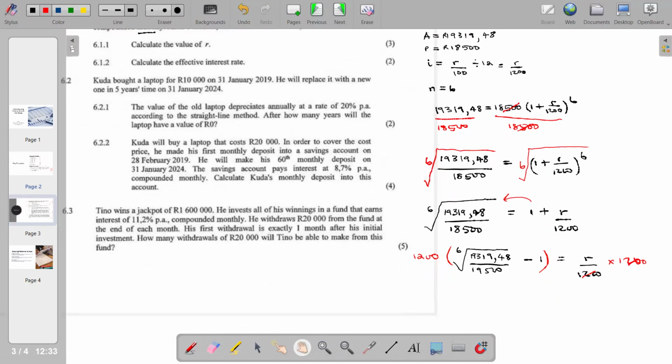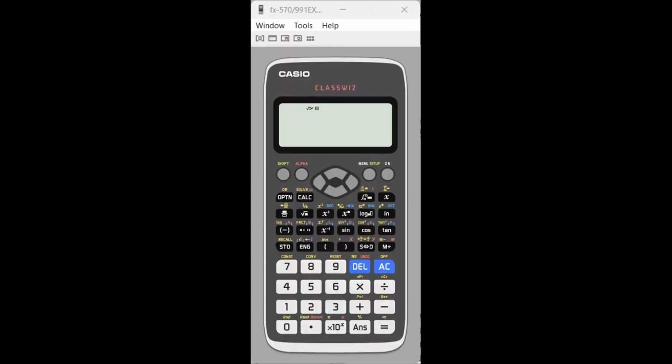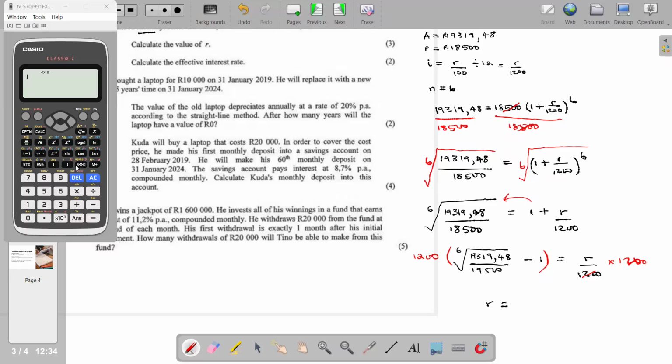we now have to use our calculator. Our R will be equal to, punching on the calculator, 1,200 multiplied by the sixth root.